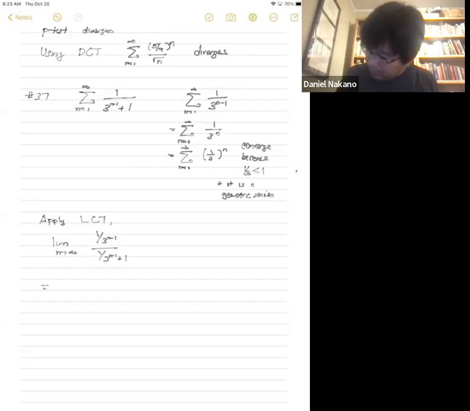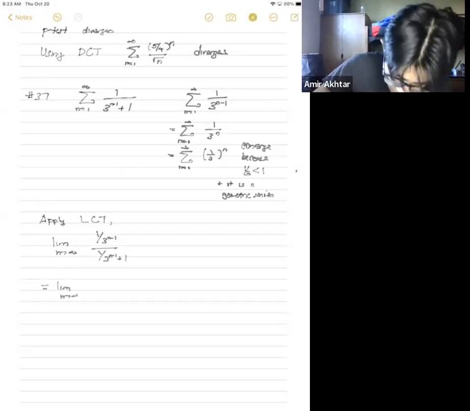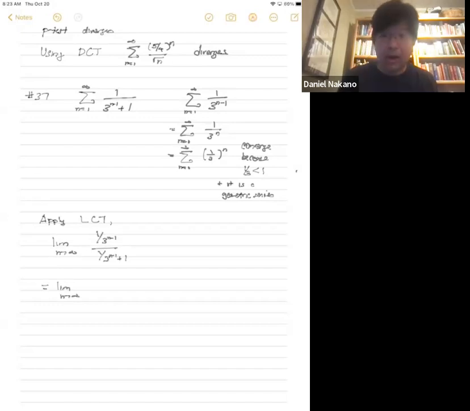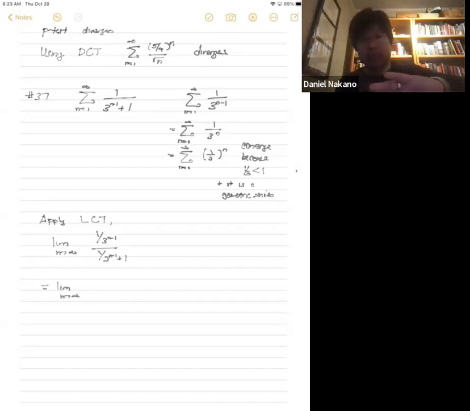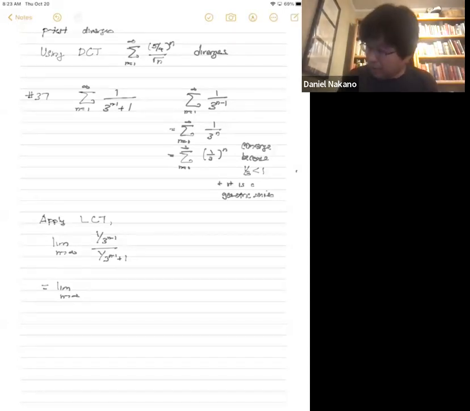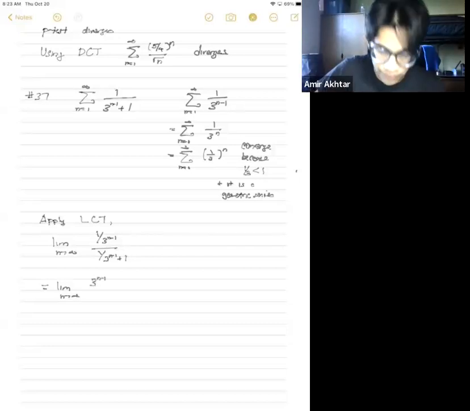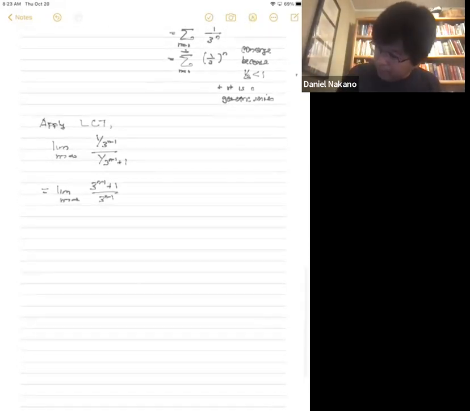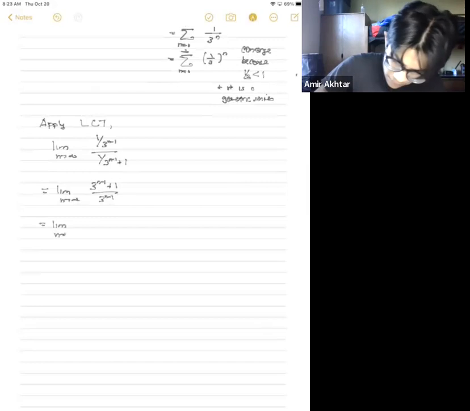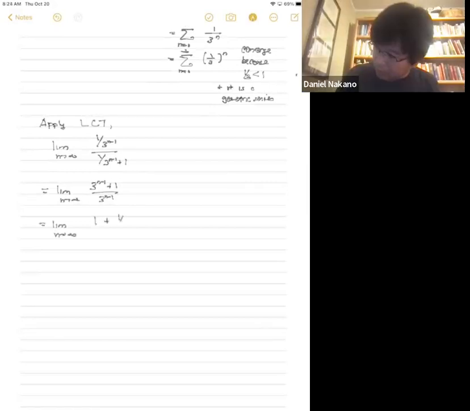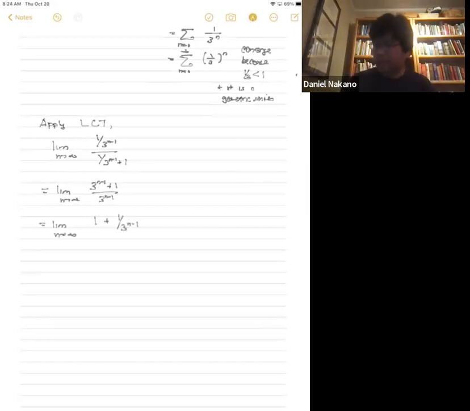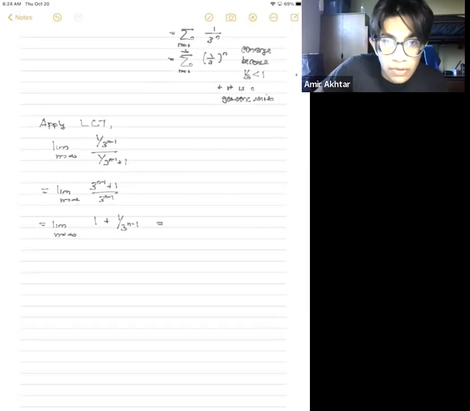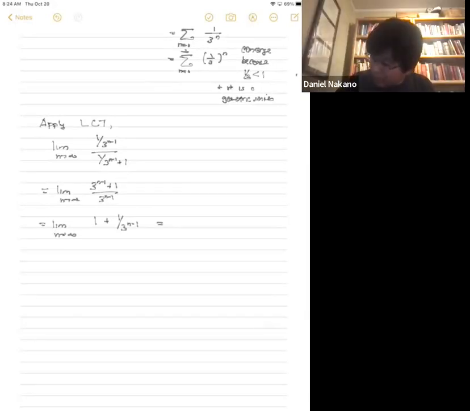Now I can flip this one up on top and push the other thing down below. So this is 3 to the n minus 1 plus 1 over 3 to the n minus 1, which is 1 plus 1 over 3 to the n minus 1. And what's this limit going to be? As n goes to infinity, 1. Excellent.